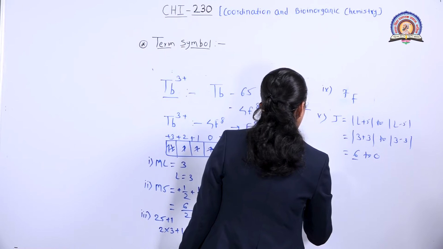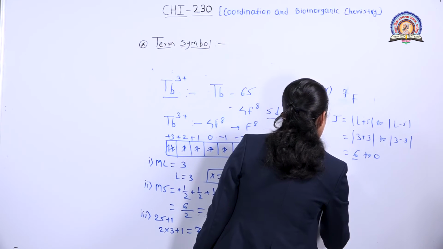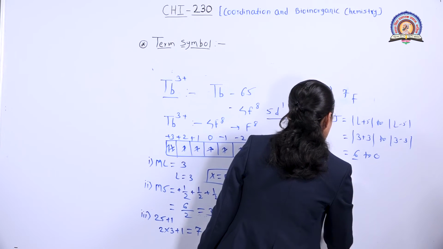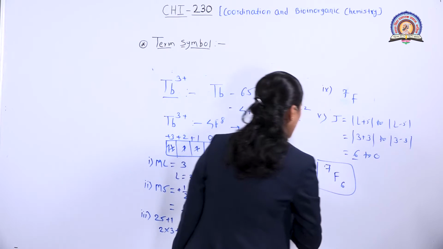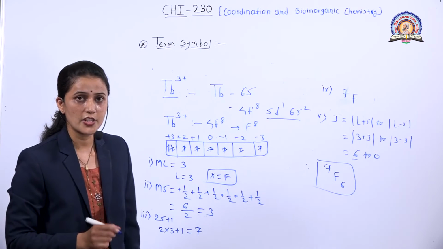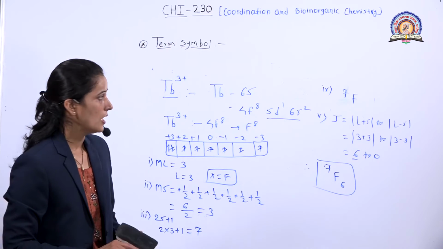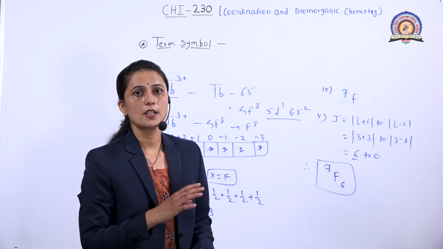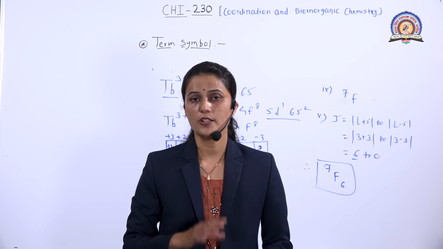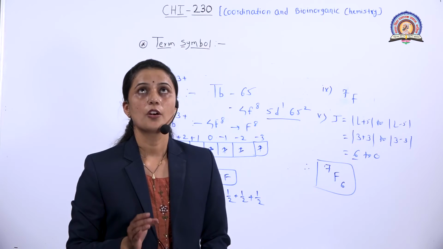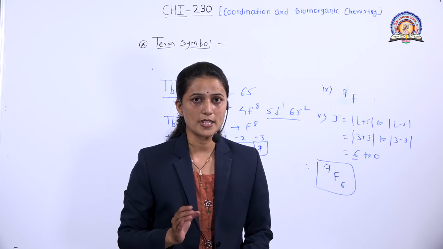That's why the final GS term is 7F6. This is our final GS term, that is ground state term or full spectroscopic symbol. Okay student, I think these three examples are more than sufficient to show how to calculate the RS term or GS term or full spectroscopic symbol.